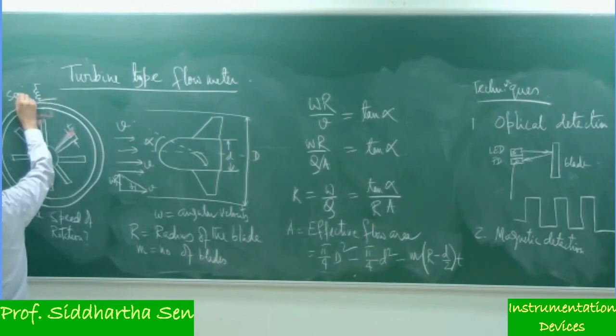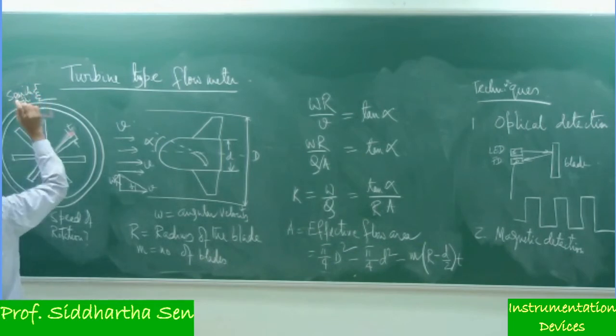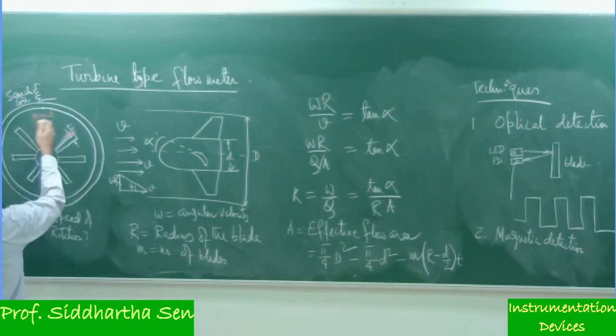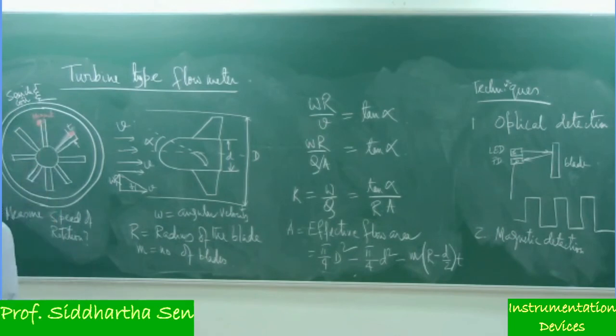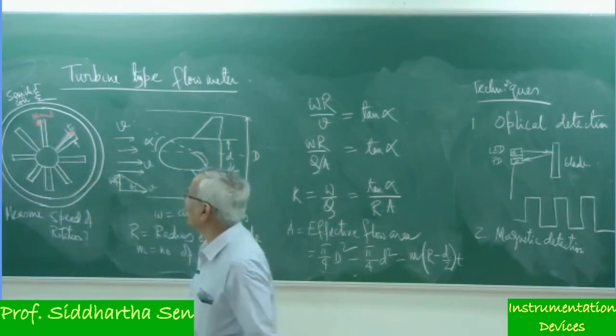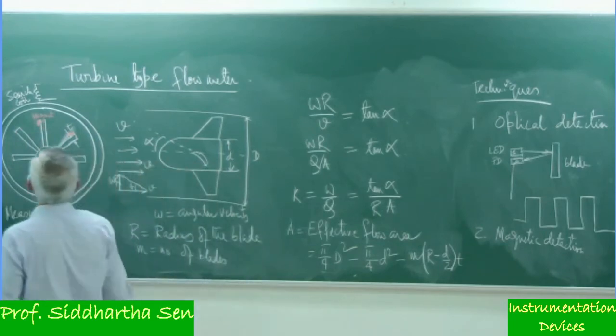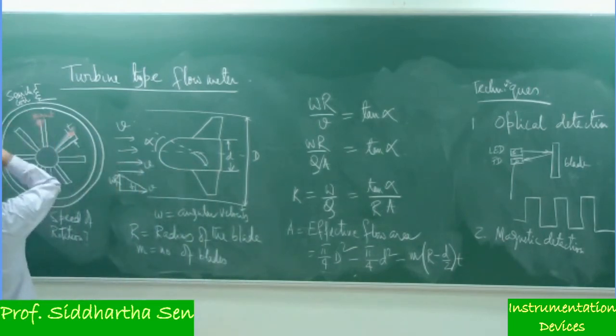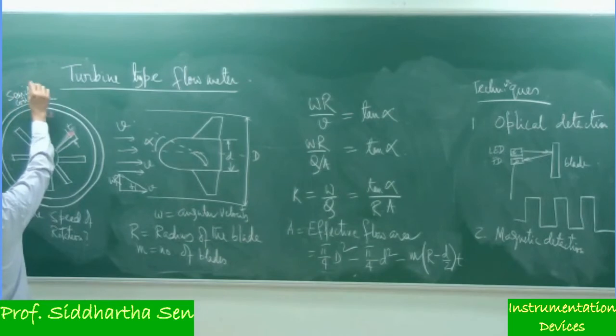That means whenever it passes through this one, there is a change in the magnetic field there. Obviously, there would be some excitation coil also.